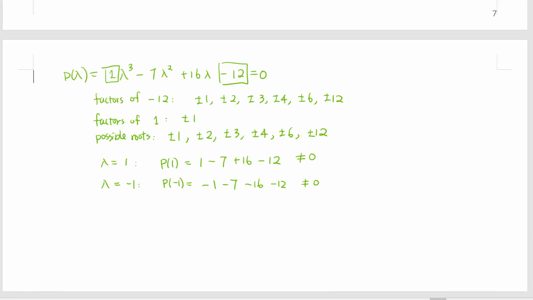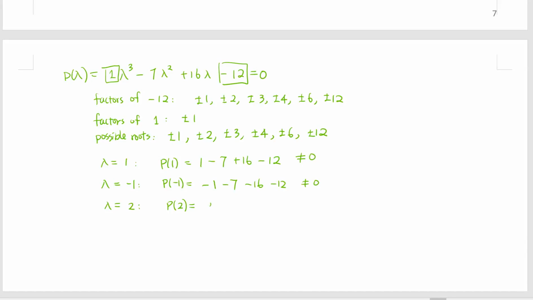The root won't be a negative number because then all the terms are negative. We won't get 0. So, lambda, let's try 2. Sometimes it really depends on the problem. Maybe we're lucky enough to find the roots faster, and if we're not lucky, we need to go down the list longer to find the roots.